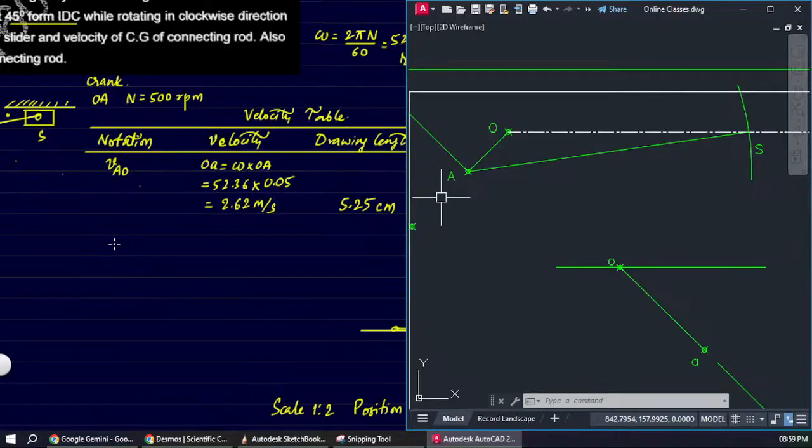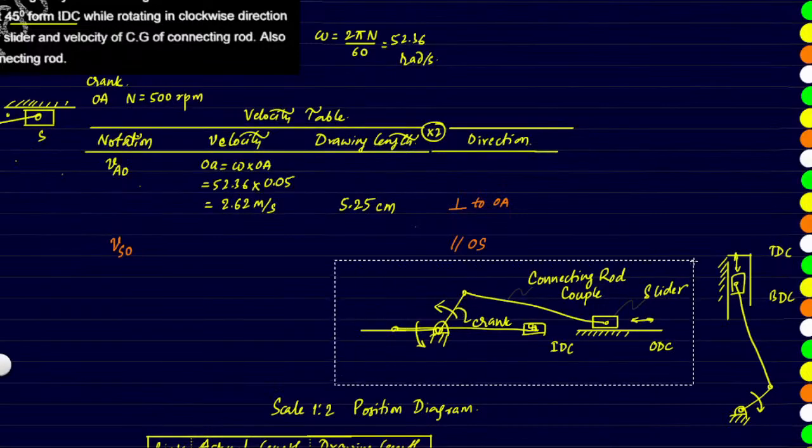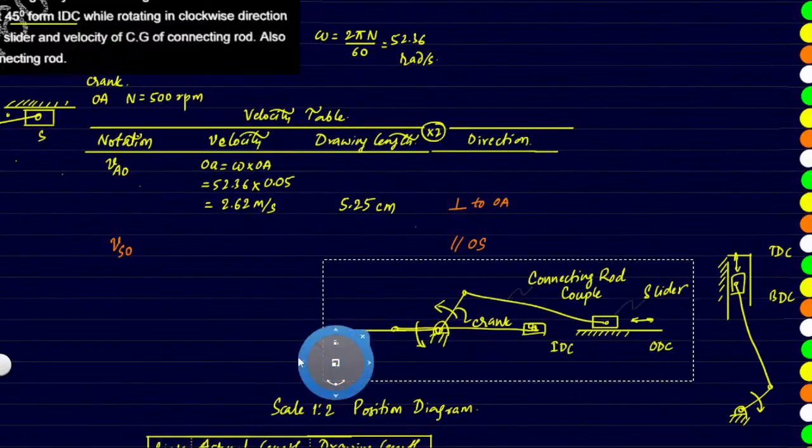The velocity of S with respect to O. Now for this we will know the direction. It will be parallel to OS. And then the next velocity we will need is this one.